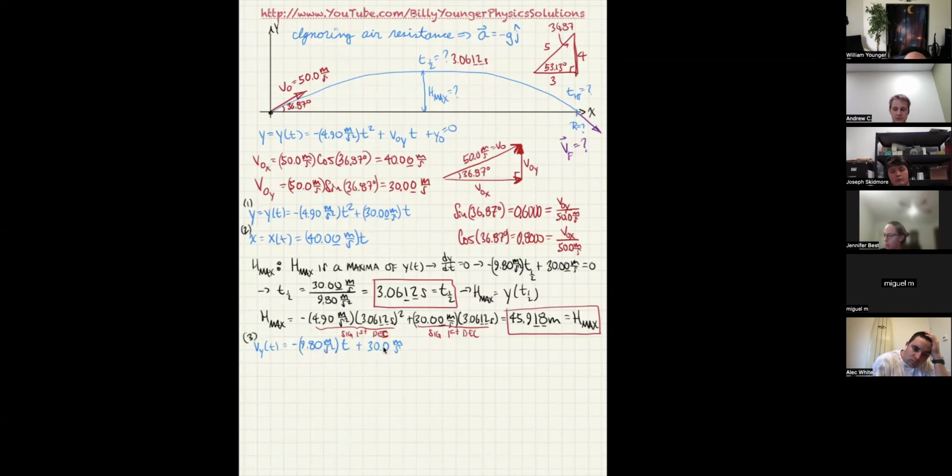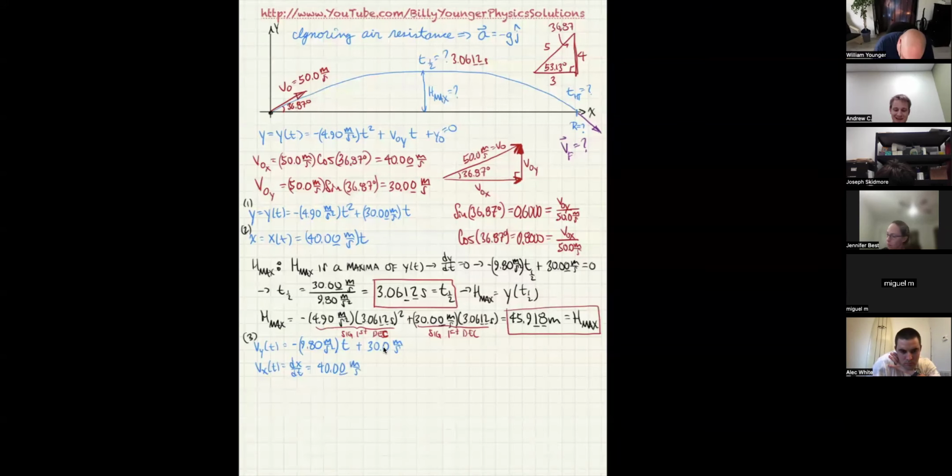Now, while we're at it, we can say v sub x of t is equal to dx/dt. And therefore, when I take the derivative of that, I'm just going to get 40.0 meters per second.